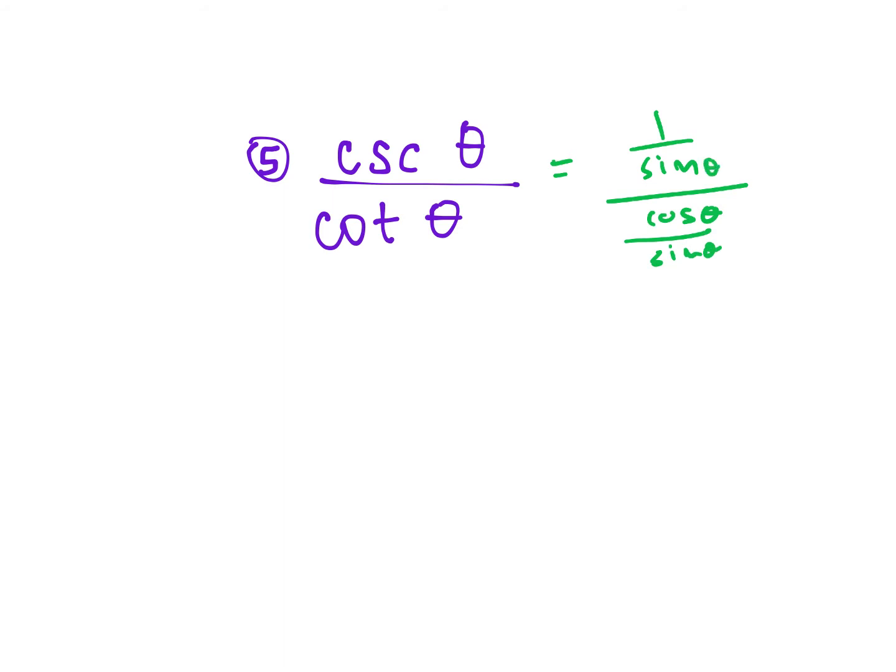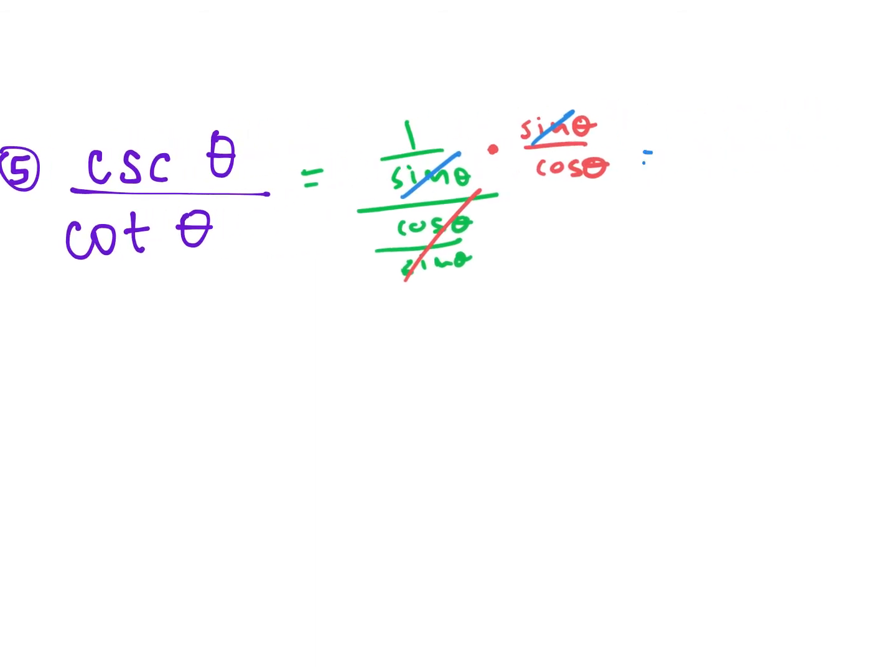Keep change flip. So I'm going to change to multiplication, flip the bottom to be sine over cosine. I have a sine on the top and a sine on the bottom, so those can cancel. And I'm left with 1 over cosine. And what's 1 over cosine? Secant.